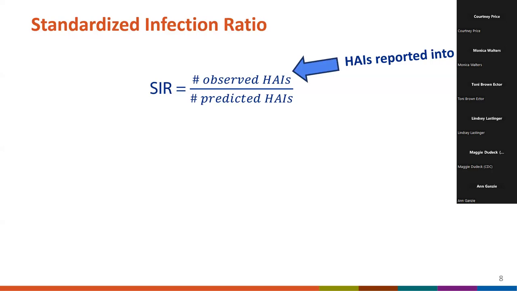This is based on the HAIs that your facility is reporting directly into NHSN. So this is the number of HAIs observed in your facility. The denominator, the number predicted, this is something that the NHSN system calculates for you, and it is calculated using formulas that are created by CDC. We will talk more about this on the next slide.